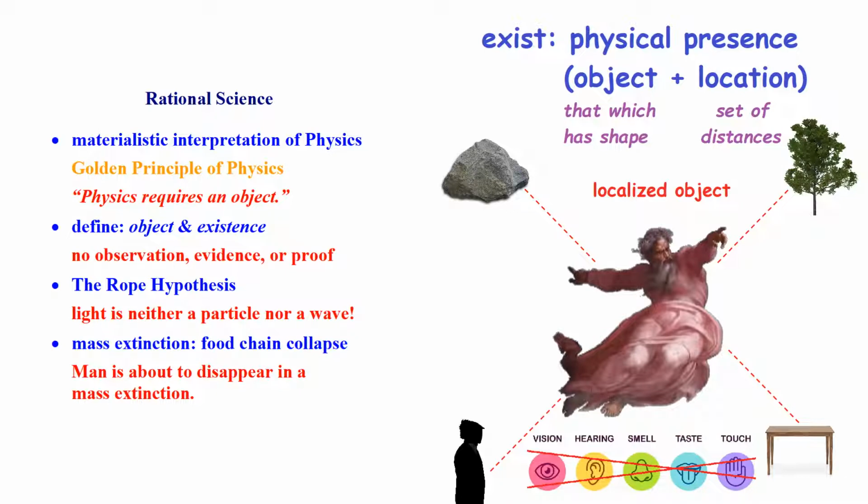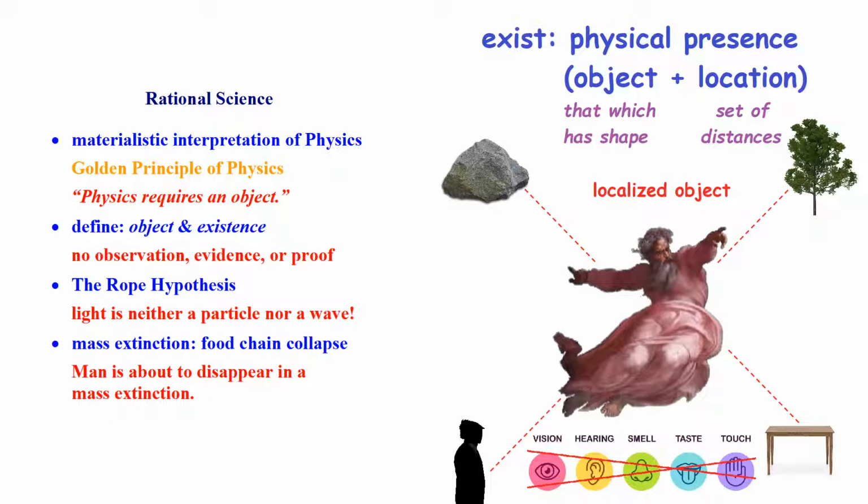So if God wants to exist, he's got to have location, meaning he's got to have distance with respect to every object in the universe. And before that, he's got to be an object. So we have to define what an object is. The object is that which has shape. And what is existence? Well, it's object plus location. You have to have location in order to exist for the purposes of physics.